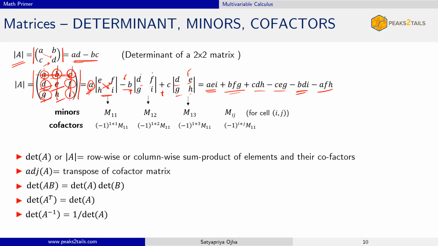Okay, and if you have a 4 by 4 matrix, it's the same idea. Go scan the first row, go element by element, alternate these signs, plus, minus, and then the determinant will be a 3 by 3 determinant. Correct? If you have a 4 by 4 matrix, then these guys will become 3 by 3 matrices.